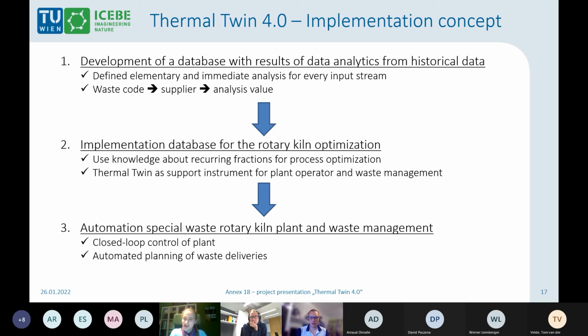So you just are reactive, not proactive. If you see that there is too much temperature, you put more wastewater in it so that it cools down, and so on. And when you know in the future more about the wastes you're feeding, and that's the reason why we are trying to build up such a database for recurring fractions, then you can be more proactive in the controlling.